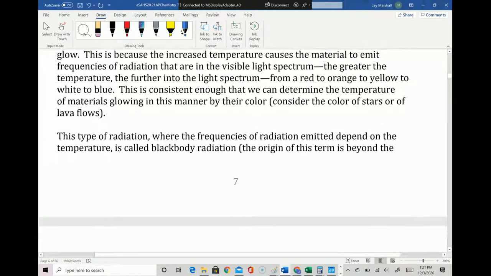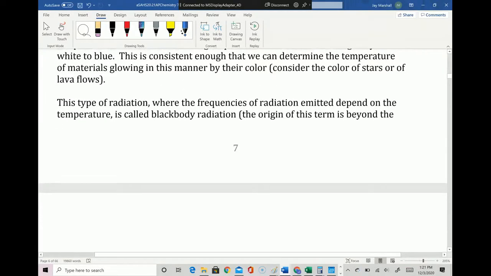Okay? Now, this type of radiation, where the frequencies of radiation emitted depend on the temperature, is called black body radiation.